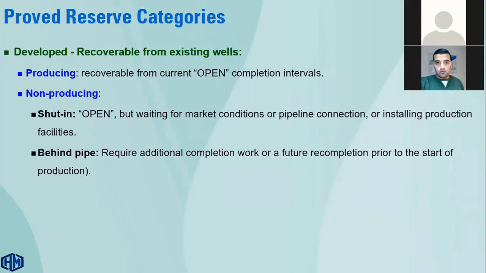Non-producing is, maybe shut-in, which means we have open completion, open perforation interval, while the well is closed, waiting for market conditions or waiting for installing production facilities, for example. While behind the pipe, as you can see, the reservoir will require additional completion work in the future.